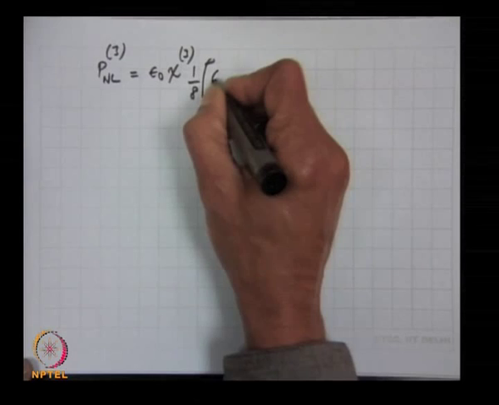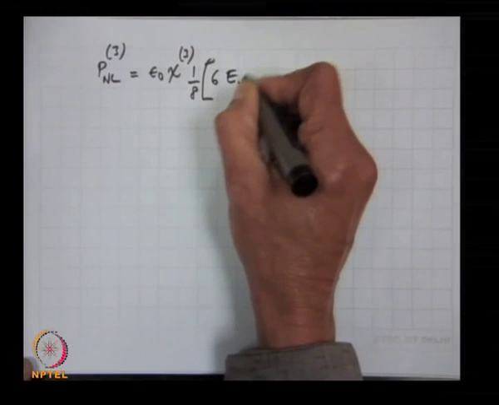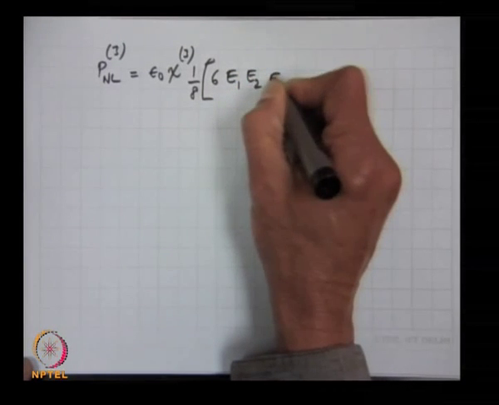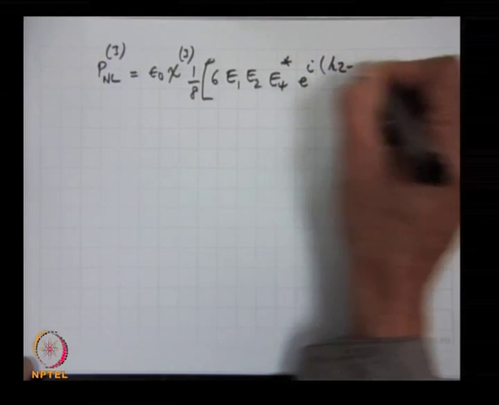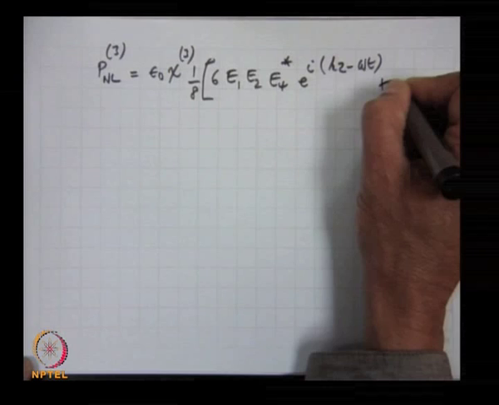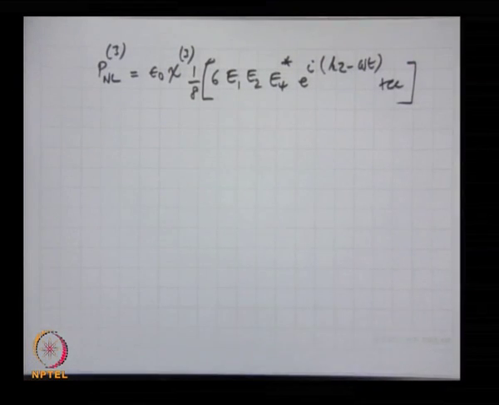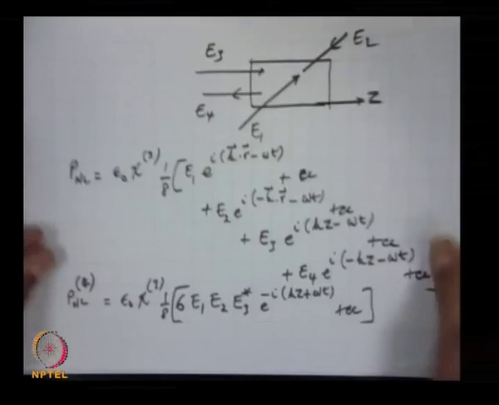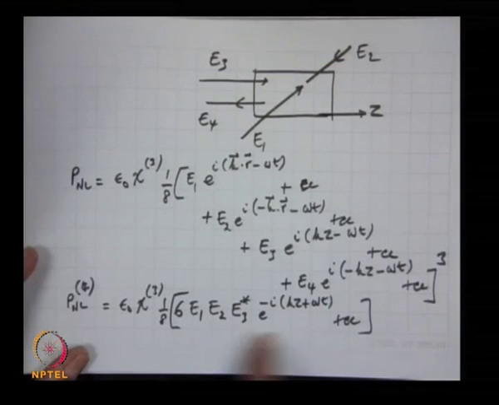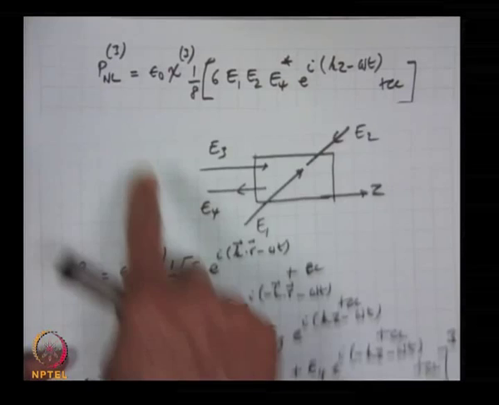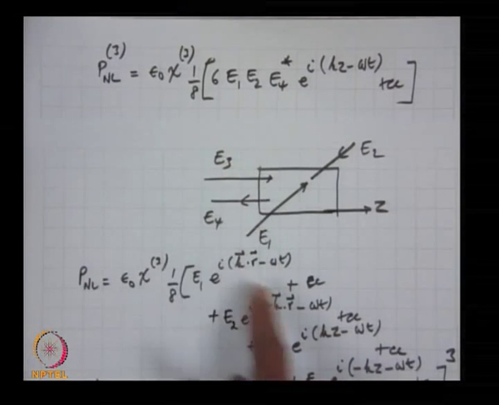So 6 times E1, E2, E4 star exponential i (kz minus omega t) plus complex conjugate. Please note that this nonlinear polarization gets generated by the mixing of E1, E2 and E3. This nonlinear polarization gets generated by the mixing of E1, E2 and E4.